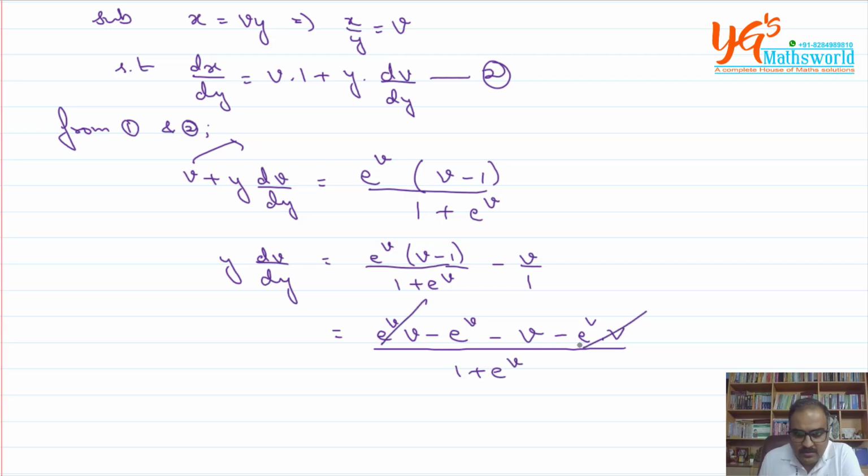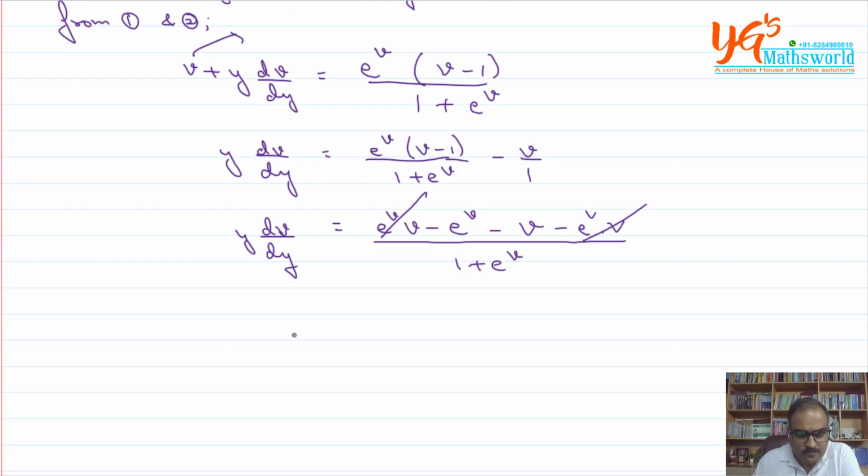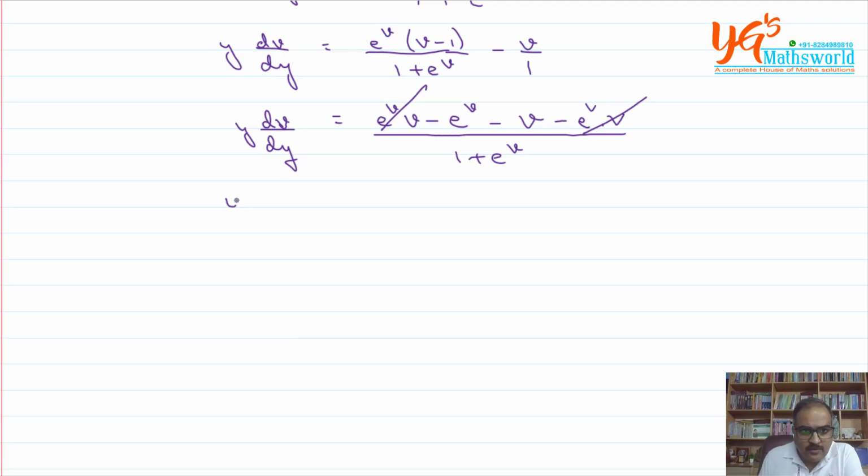So this and this cancel out, and we get y dv by dy is equal to minus e raised to power v plus v over 1 plus e raised to power v.